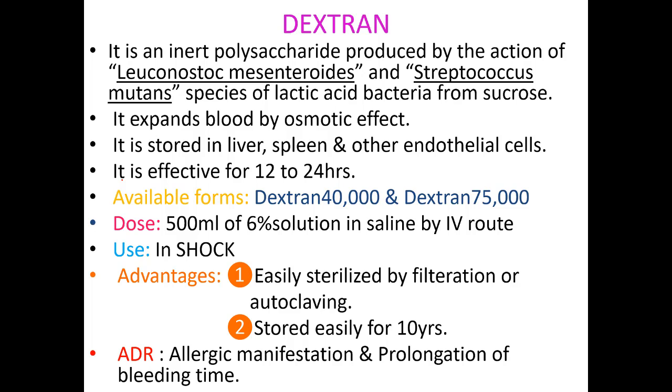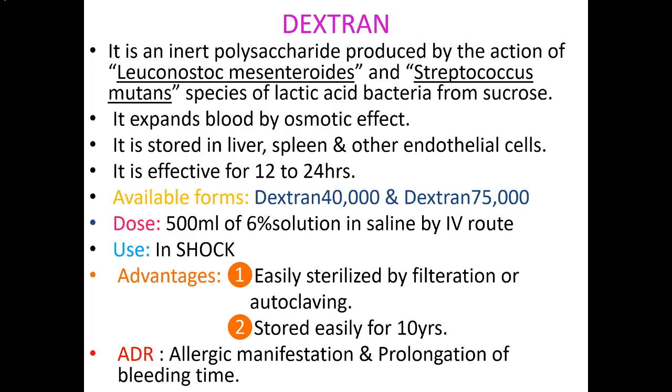The advantages are, it is easily sterilized. We can sterilize it very easily, by filtration or autoclave, and autoclave can be used even in a small lab, and filtration is also very easy.